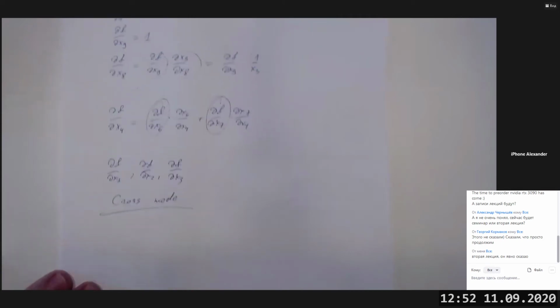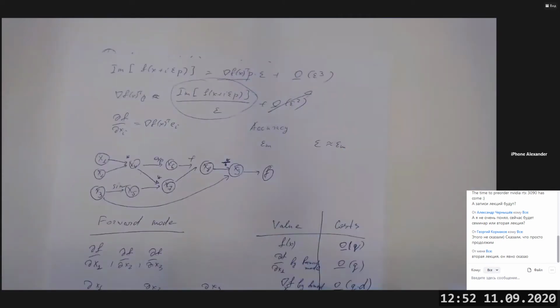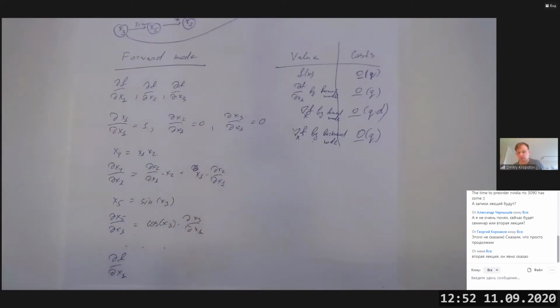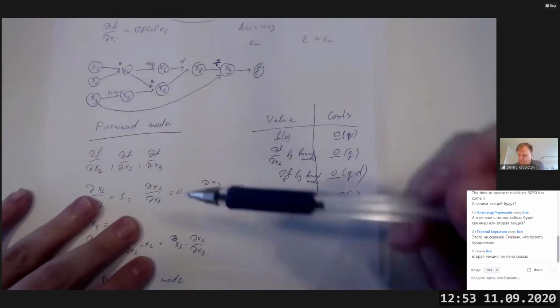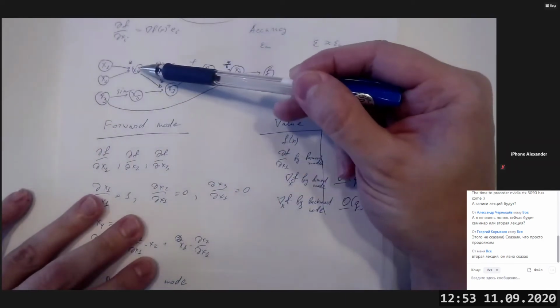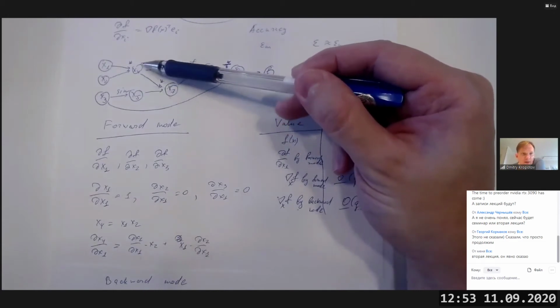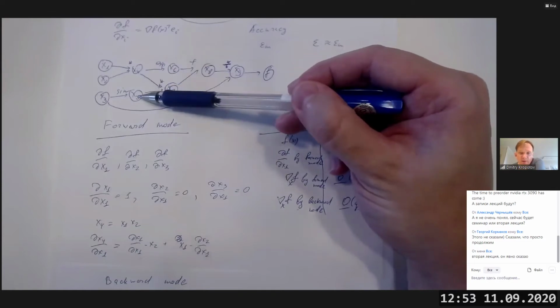Dmitry Alexandrovich. Yes. In the forward mode, should we also store all the gradients, all the partial derivatives? No, because in forward mode, suppose that you calculated x4 and x5 and the derivatives of x4 and x5 with respect to the required variables.